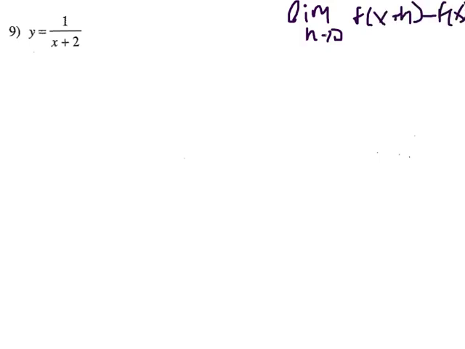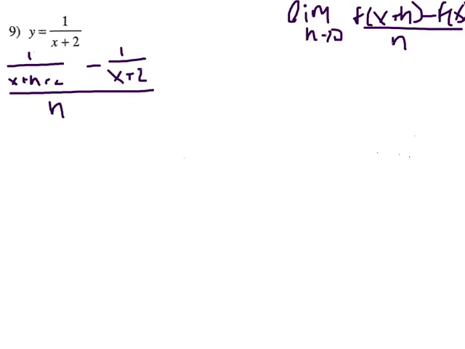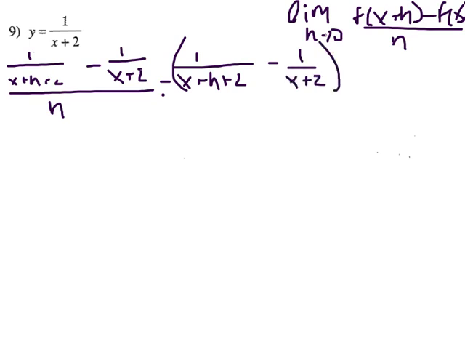Alright, now remember we're still doing the limit as h approaches 0 of f of x plus h minus f of x all over h. So, to start off, we're going to have 1 over x plus h plus 2 minus 1 over x plus 2 all over h. Now, I don't like having it over h, so I'm going to rewrite this. This is like 1 over x plus h plus 2 minus 1 over x plus 2, times 1 over h. So first, let's deal with the inside of the parentheses here.